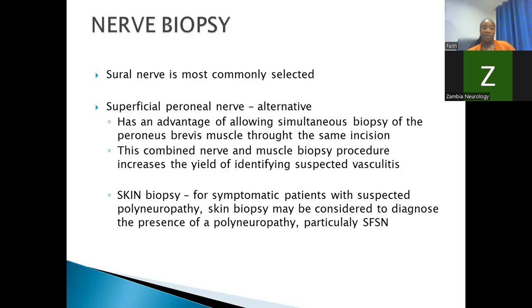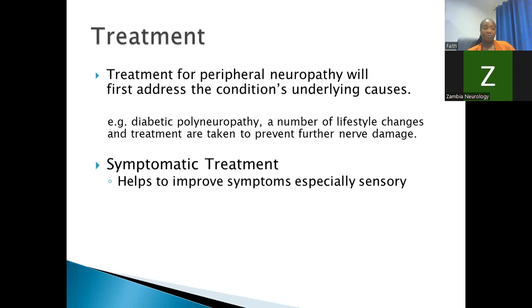In terms of treatment, treatment for peripheral neuropathy will first address the condition's underlying causes. So we discussed, especially for the systemic illnesses such as diabetes. If someone has a diabetic polyneuropathy, you would want to institute a number of lifestyle changes as well as treatment for the diabetes and make sure that there's good control.